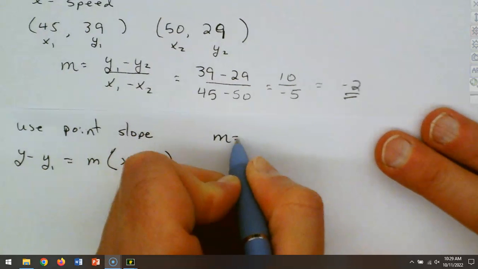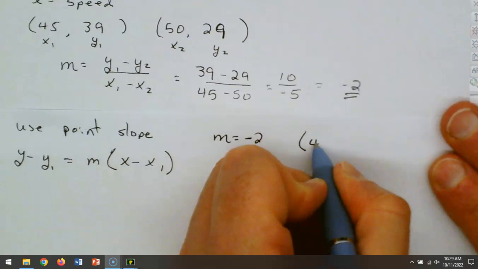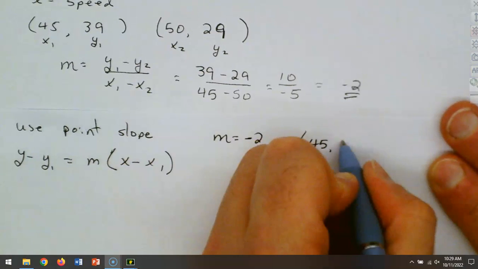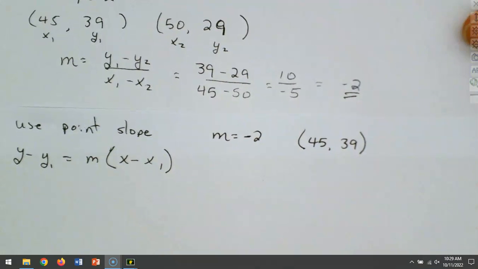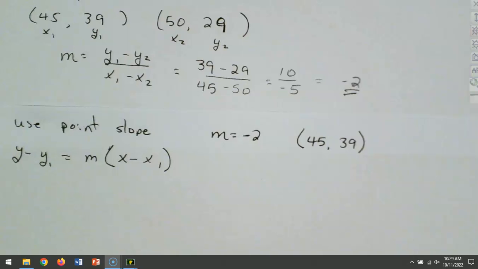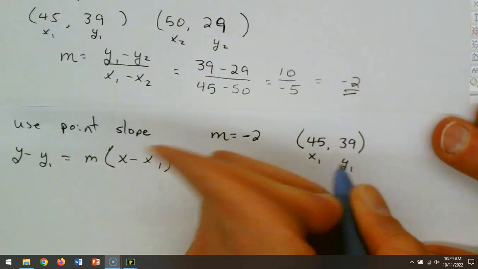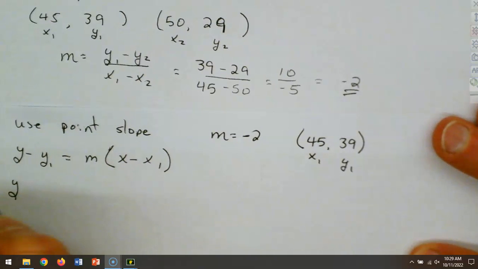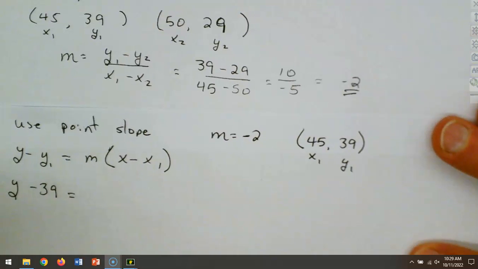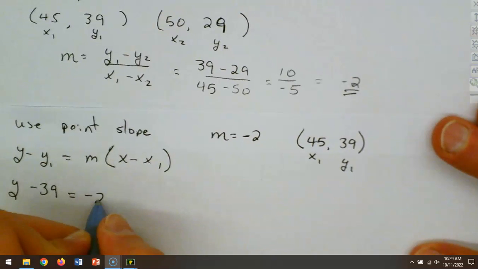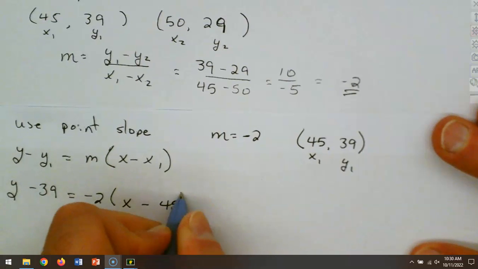So we've got a minus 2 for the slope. And I'm going to use that point, 45, comma, 39. Fill it in. This again is your x1, y1. So that's going to be y minus 39 equals minus 2 times x minus 45.